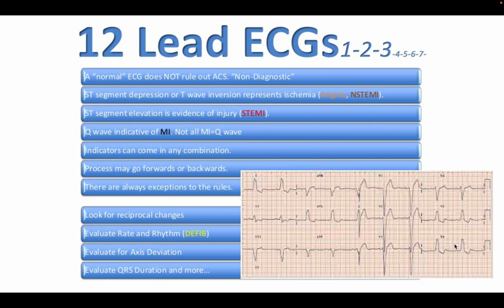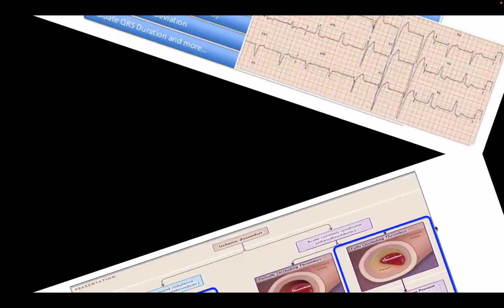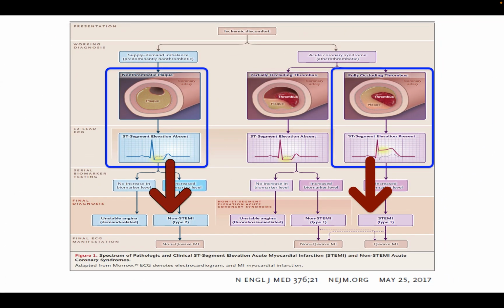As you could see, this ECG is a classical LBBB. So these are a few of the salient features as far as the ECGs are concerned. As I said, if the patient has a non-thrombotic plaque, there could be ST depression, and that is the classical non-STEMI.